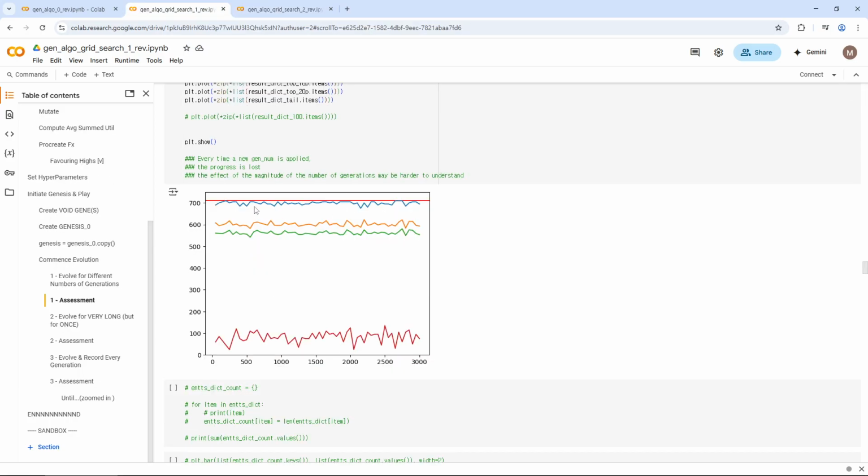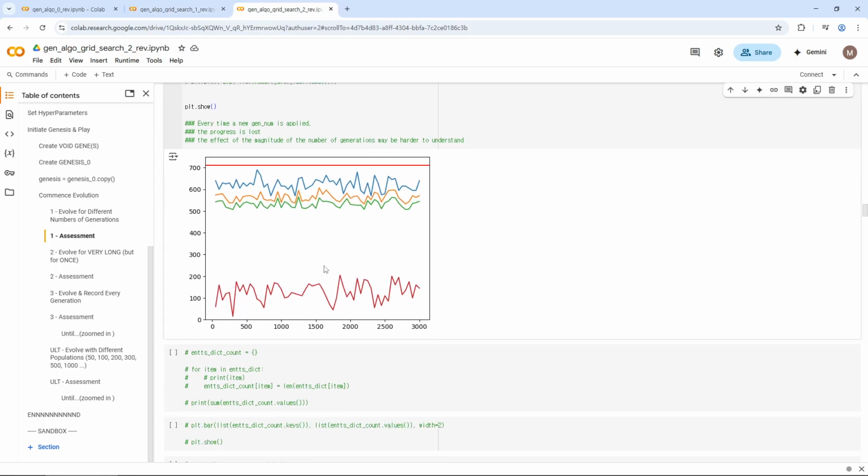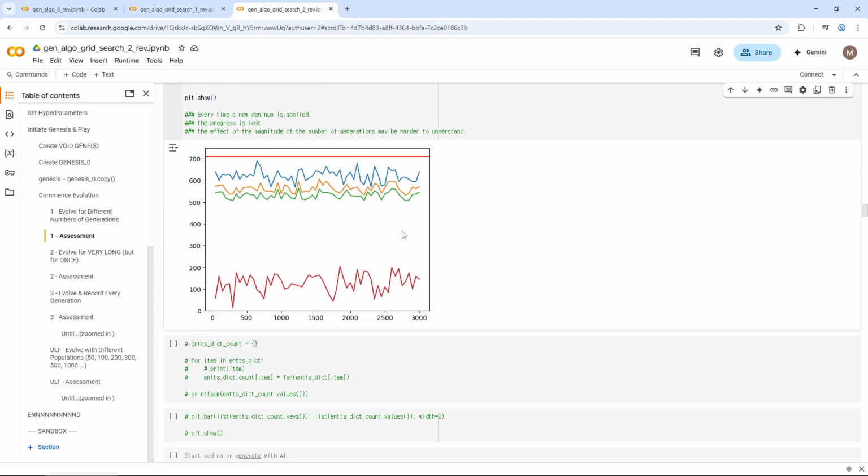So I can say almost with certainty that a smaller population, or rather small populations, are not beneficial. That is the kindest way of saying it.